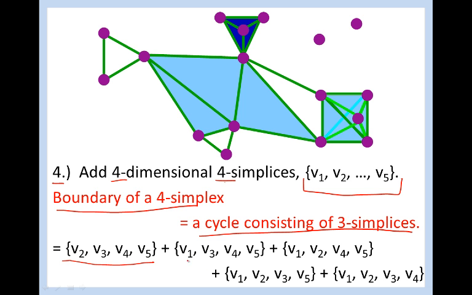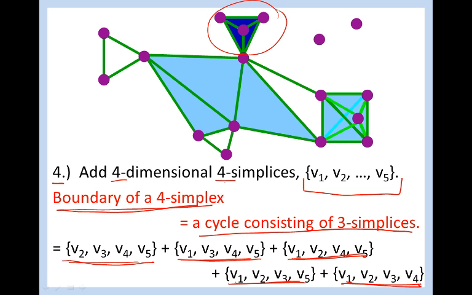So remove the vertex v2 to create this tetrahedron, remove the vertex v3, v4, and v5. And so the boundary of a 4-simplex will be the sum of 5 three-dimensional tetrahedra. Well, I only have one tetrahedron, so I don't have the boundary of a 4-simplex, so I cannot add a 4-simplex.